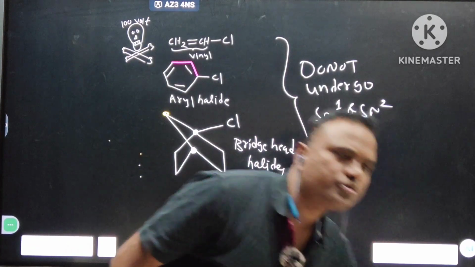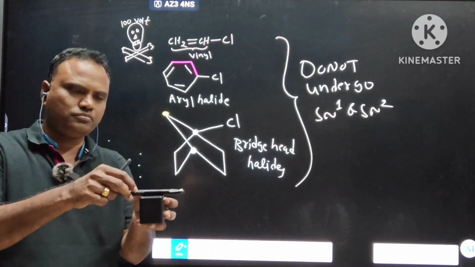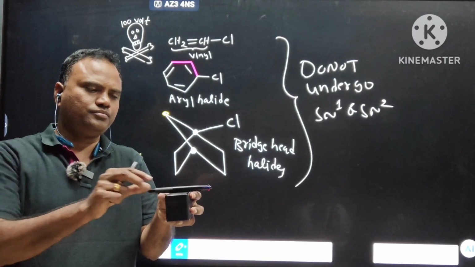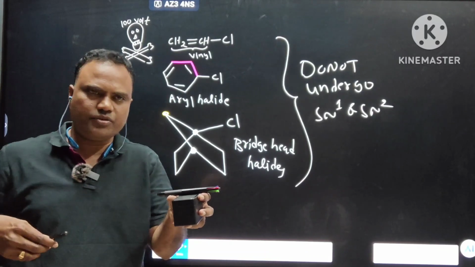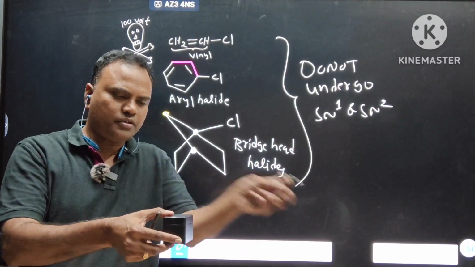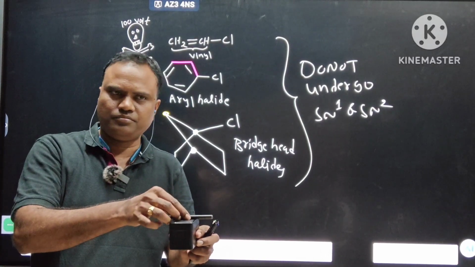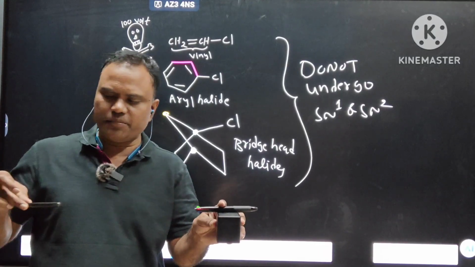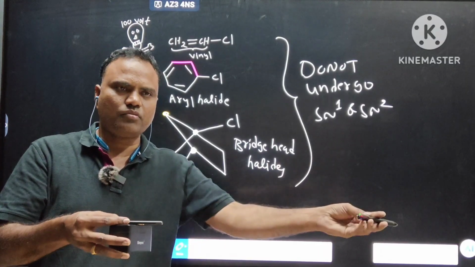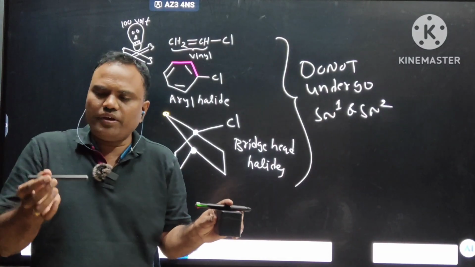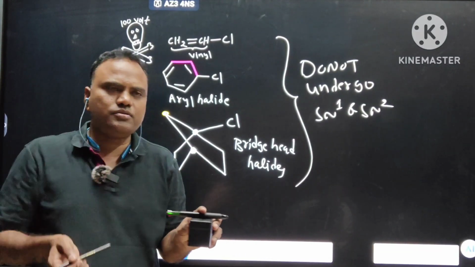What is the meaning of substitution reaction? Substitution means the reaction in which one atom is replaced by another atom. This is the old atom, and a new atom is coming. When will a new atom come to this place?